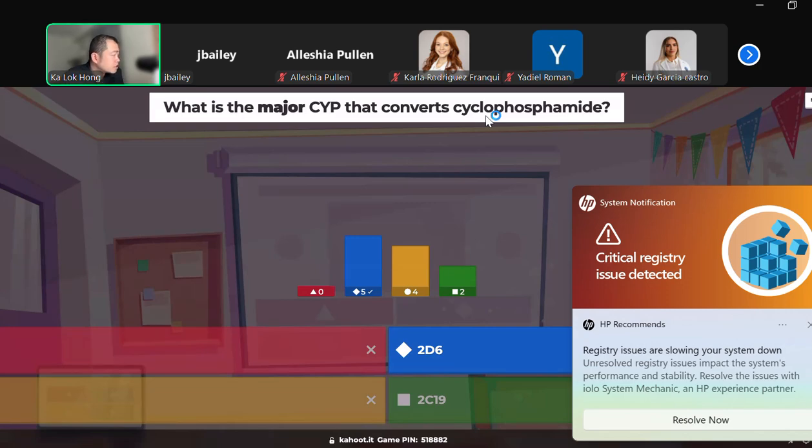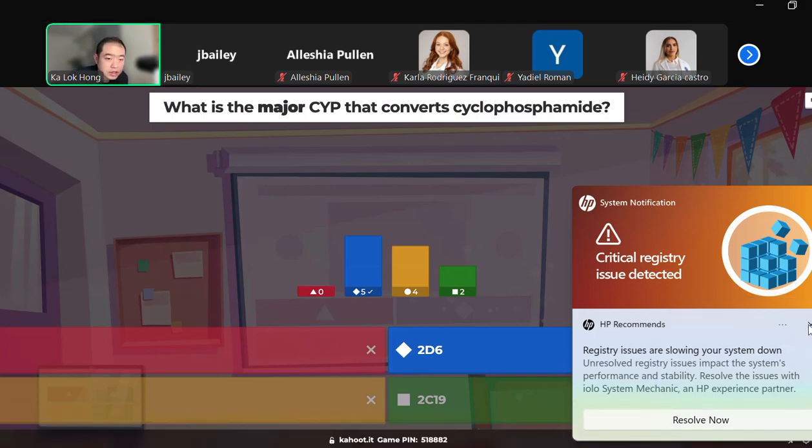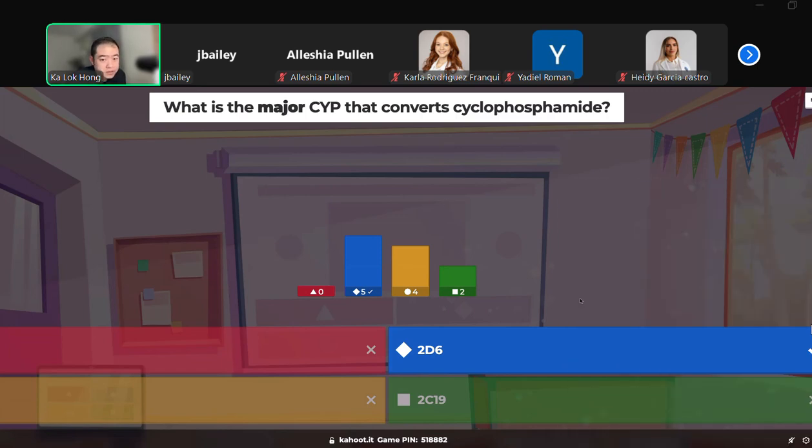Now, both 2D6 and 3A4 participate in the first step of the cyclophosphamide transformation, but I want you to focus on the major enzyme, which is 2D6. I highlighted and bolded that. I'm mentioning it again. And there are a series of steps leading to an active compound. So do pay attention to the transformation of cyclophosphamide.